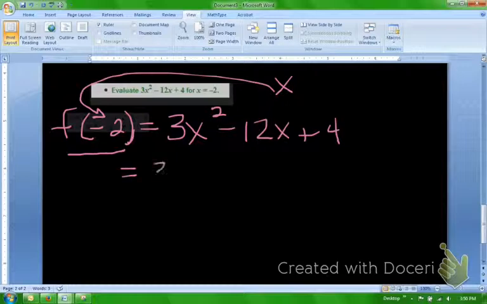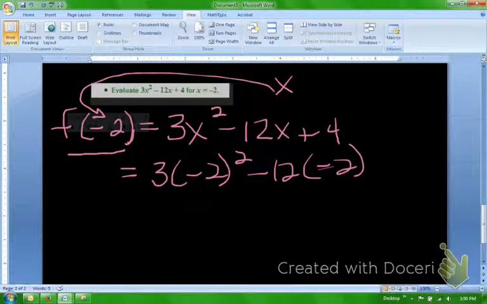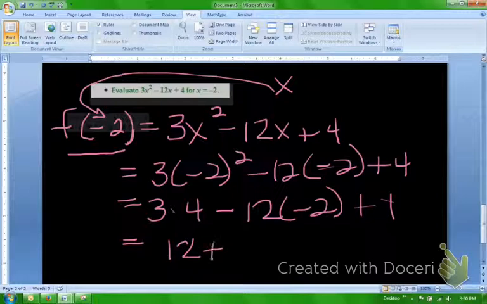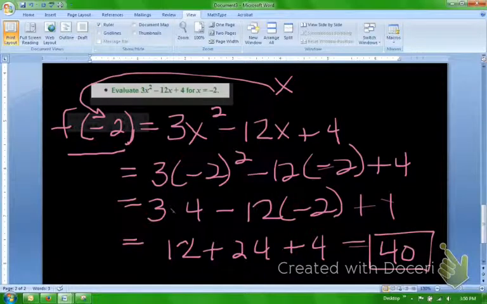So it will look like this. 3 times -2 squared minus 12 times -2 plus 4. -2 squared is 4, so we have 3 times 4 minus 12 times -2 plus 4, or 12 plus 24 plus 4, which gives us 12 plus 24 is 36 plus 4 is 40. So 3x squared minus 12x plus 4 evaluated at -2 gives us 40.